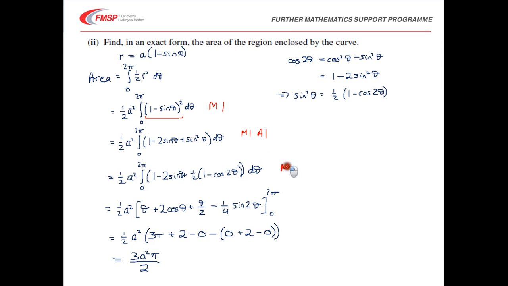There's then a method mark for using an appropriate identity, and 2 accuracy marks for correct integration. You'd get A1 if there was 1 error. And a final accuracy mark dependent on the previous working if you've got through to the end and got it right.